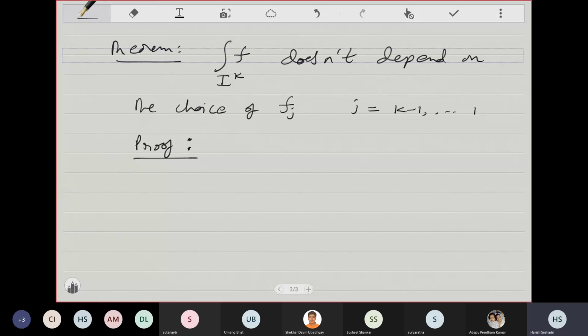But even if you do it that way, it won't be clear that the order of integration will not matter. First of all, it's not clear that the integral that you get... Let me just make this remark instead of talking so much.